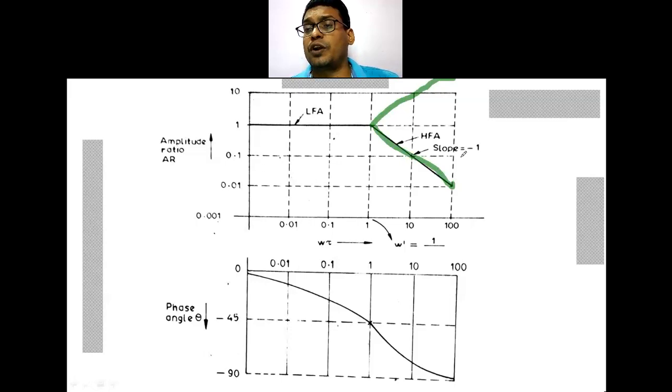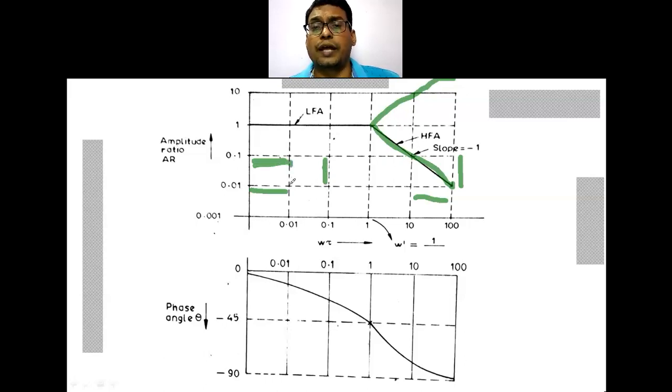That means the gradient on the y-axis is the same as the gradient on the x-axis. If you see here, the gradient on the x-axis is 0.01 and the gradient on the y-axis is 0.01.